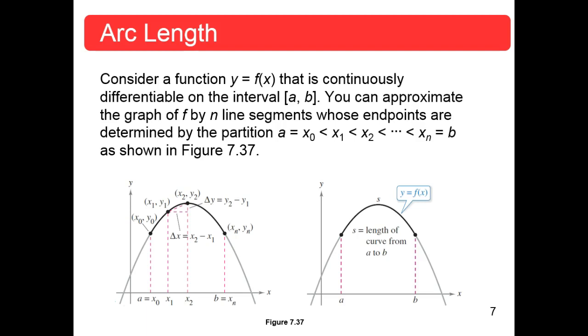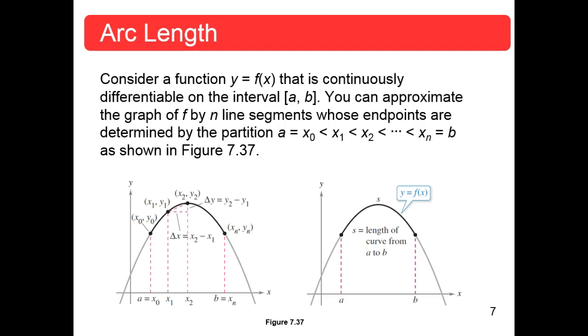Approximate the graph of f by n line segments whose endpoints are determined by some partition. A is your x of 1 going to x of n, which is your b, and you have so many x's in there. Just do that partition however you do it. They don't have to be even. They don't have to be anything else. So for any partition between any 2 points, the delta x is x2 minus x1, x of n minus 1 minus x of n minus 2, whatever the partition is there.